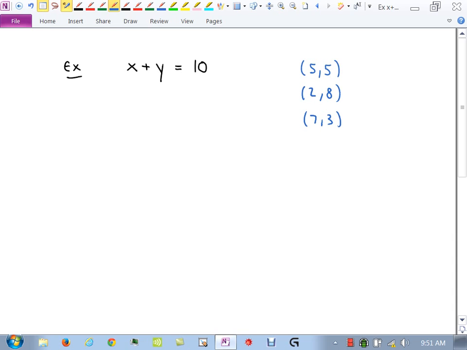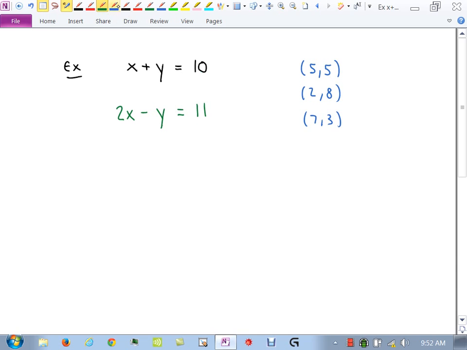But now I'm going to add to this another equation, let's say 2x minus y equals 11. Now, can anybody think of an answer for that one?